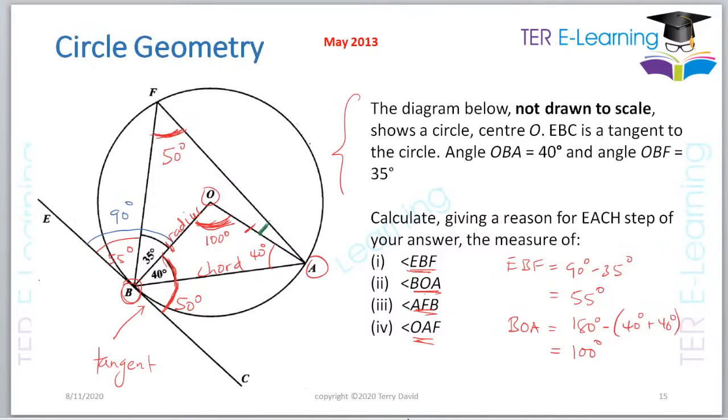So Danica is saying 55 degrees. Let's see what everybody else is going to say. So the question wants this angle here, right? OAF is this small angle here. That's what you want to find.